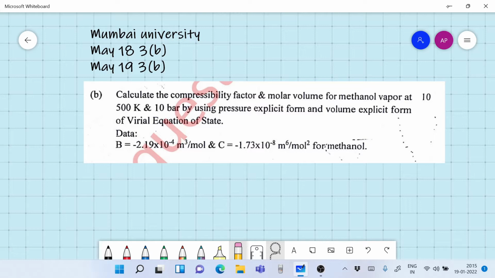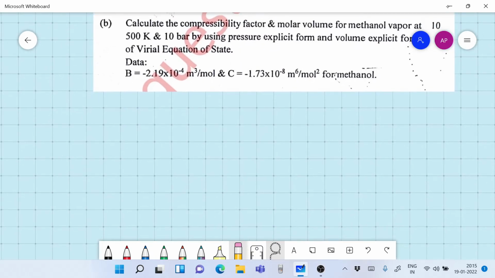Now the data is given for B and C. From the data of B and C, it is amply clear that these are the constants given for the virial equation of state in the volume explicit form. So let's have a look at that equation first. We are going to write it down.